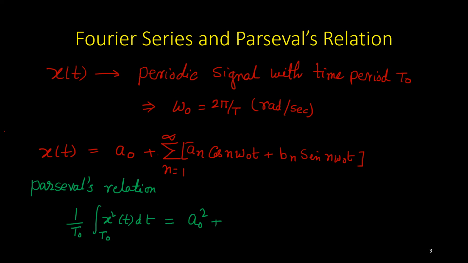So power of An cos n omega naught t is An square by 2, so it is half times An square, and this is Bn square by 2, for all harmonic components, n equals 1 to infinity. So we are going to use this Parseval relation and Fourier series to prove that summation.